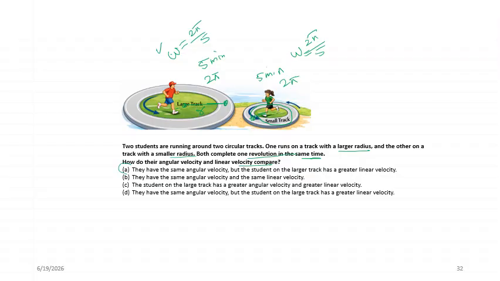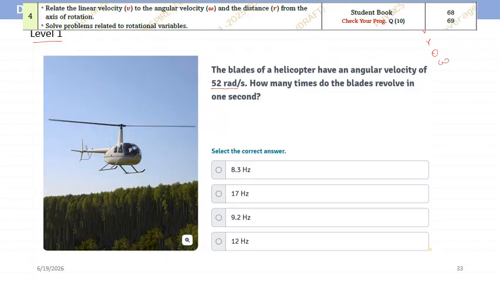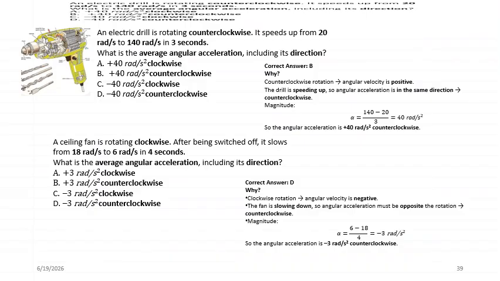Obviously, the larger track must have the greater linear velocity, then only he will be able to cover it. So this will be the correct answer. Now, you can do questions like this. It's easy, but the problem here is that you need to identify the correct equation. So try to do that.